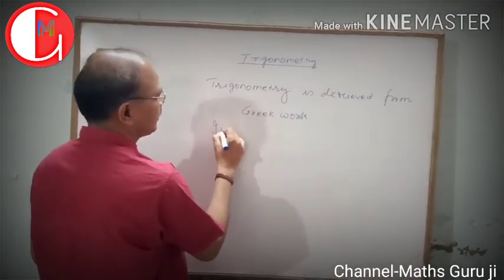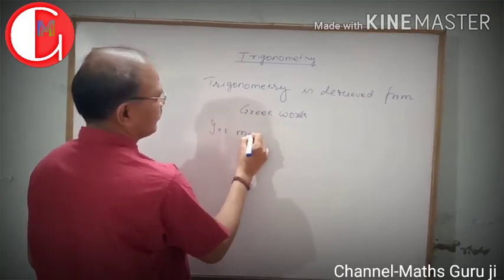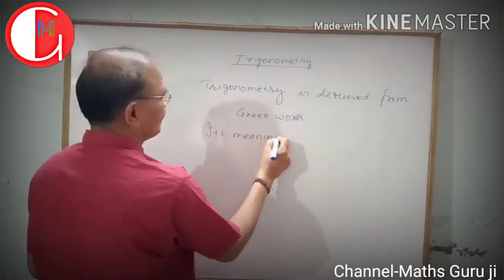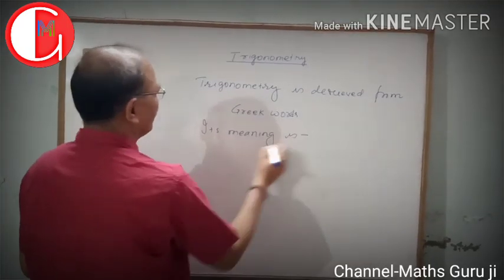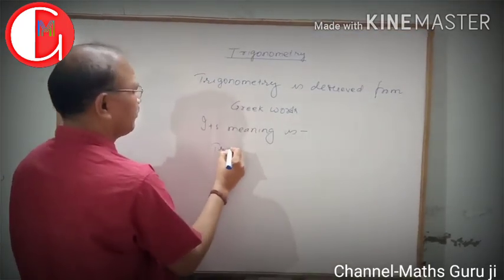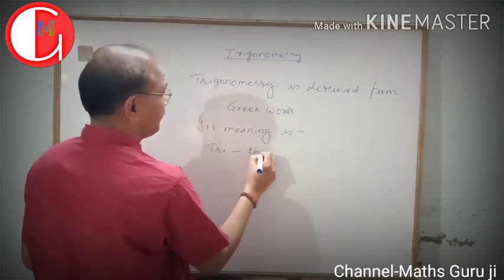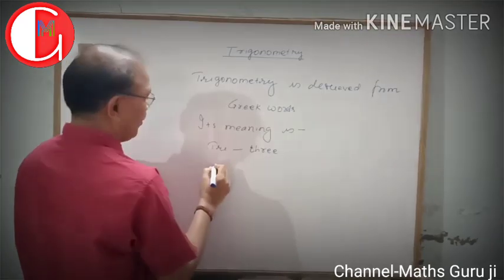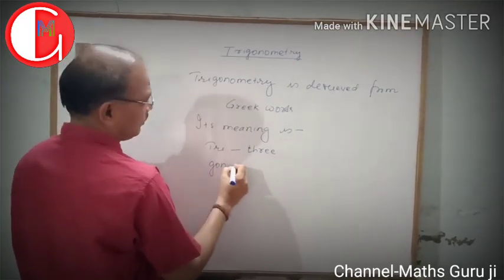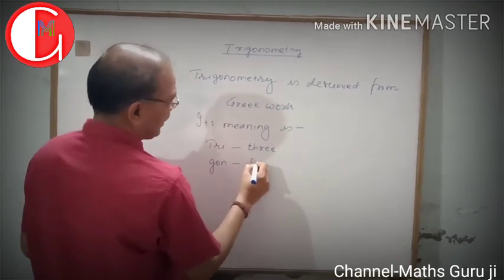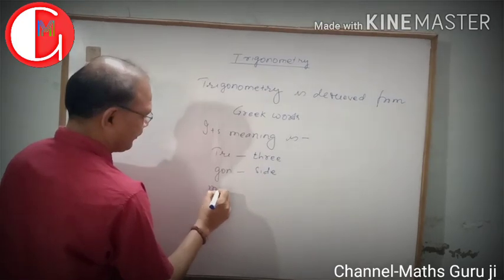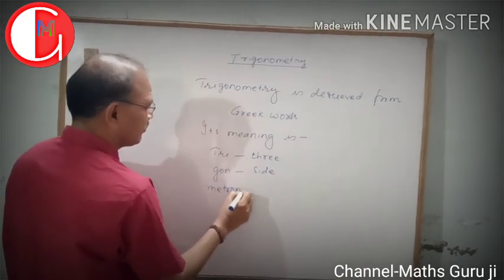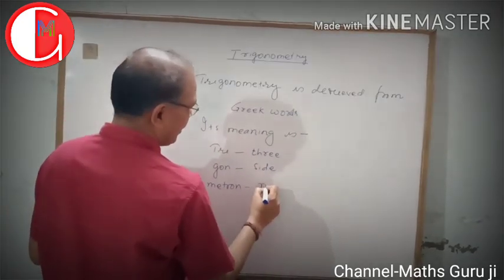Its meaning is: tri means three, gons means side, and metron means measure.